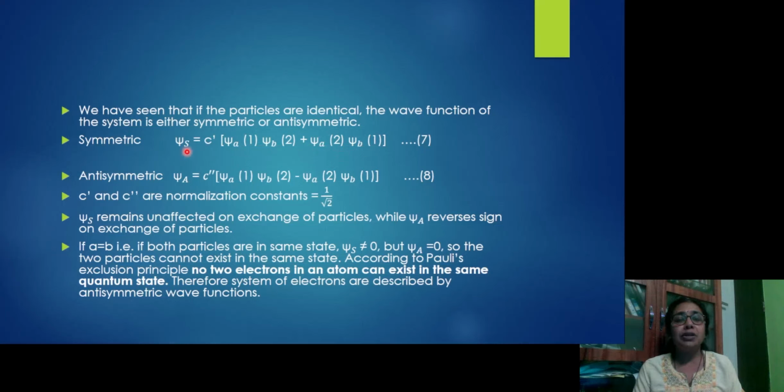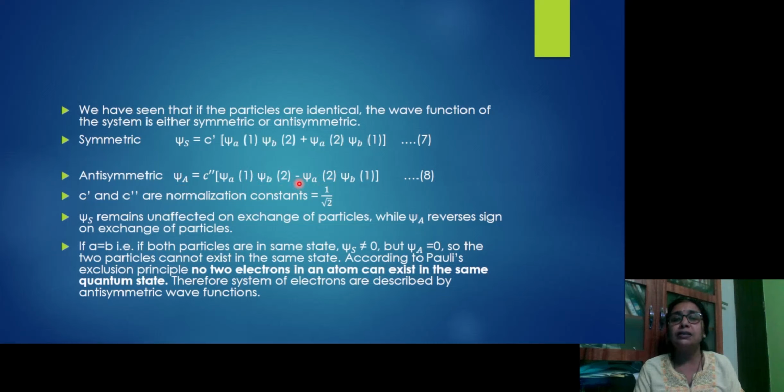This is a symmetric description because if we change the states, that is if 1 is in B and 2 is in A, then this equation number 7, representing psi s, will remain unchanged. Another one is the antisymmetric description, where psi 1 and psi 2 are connected by a minus sign.